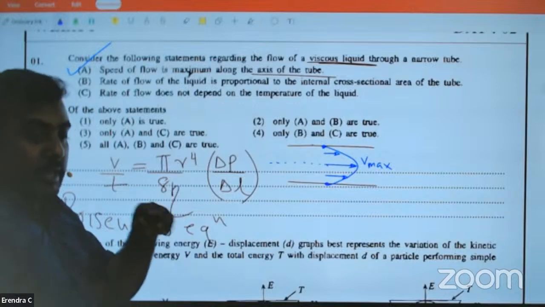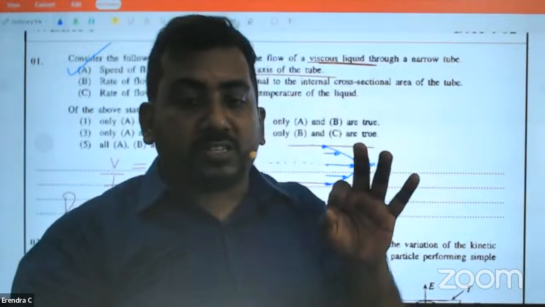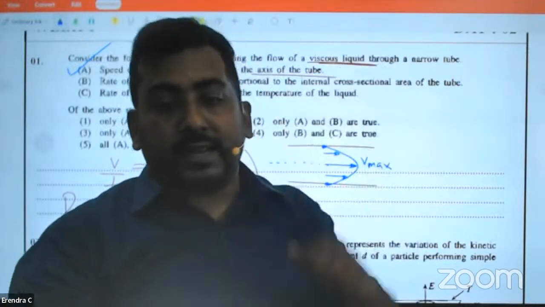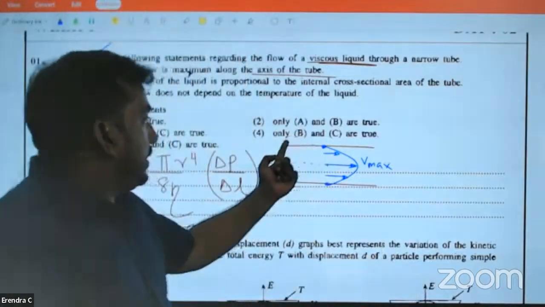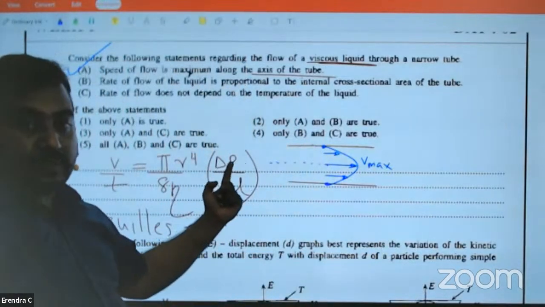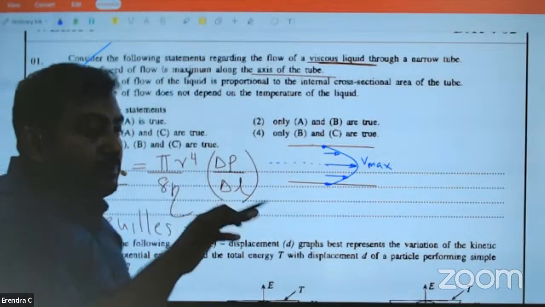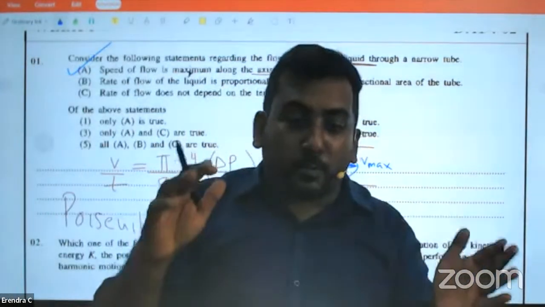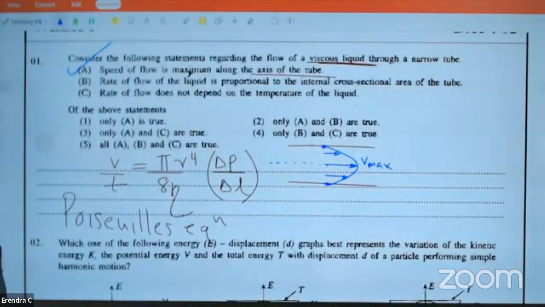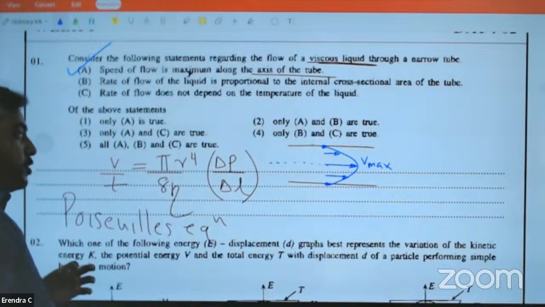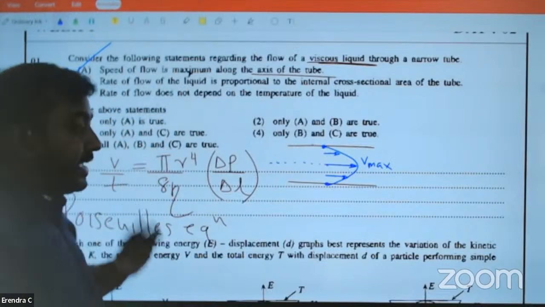No. Poiseuille's equation tells you volume flow rate is proportional to the 4th power of internal radius and pressure gradient. This pi is coming not because of the area, but because the proportionality constant is pi divided by 8. So you can't take area.